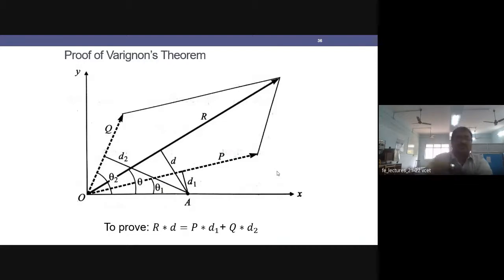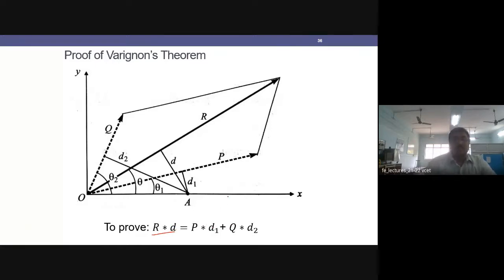From Varignon's theorem, I'm supposed to be proving that the product R into D equals P into D1 plus Q into D2. According to Varignon's theorem, the moment of the resultant is the sum of the individual moments.